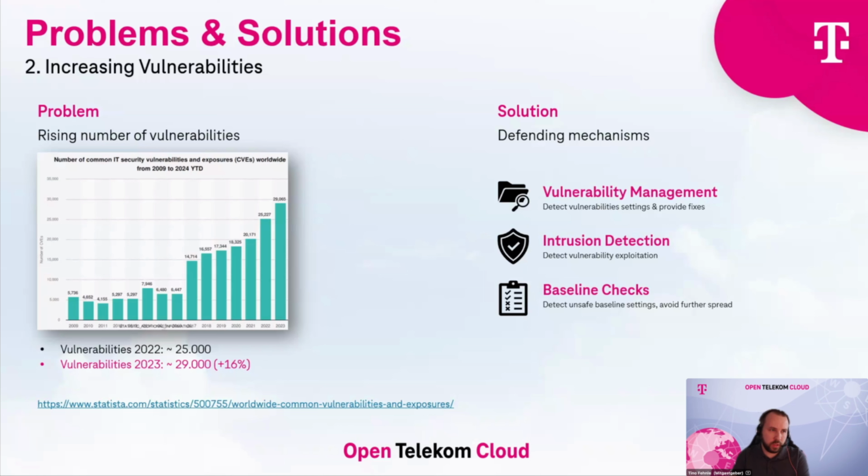Again, we also want to detect intrusions if vulnerabilities have been exploited, because we want to avoid further threats, and this is also a part of this baseline settings, baseline checks, to detect unsafe systems, because we want to isolate the attacker if he even achieves to come into our environment.